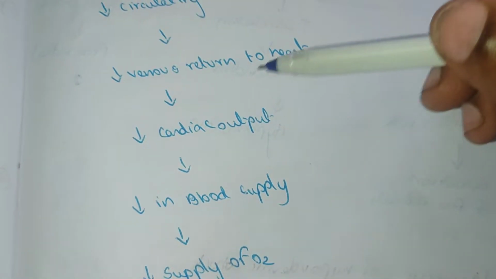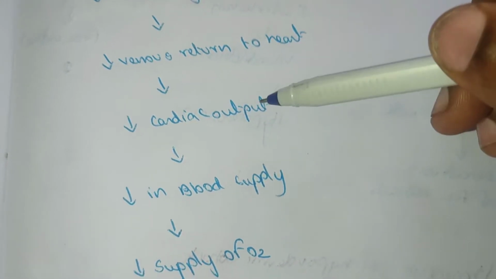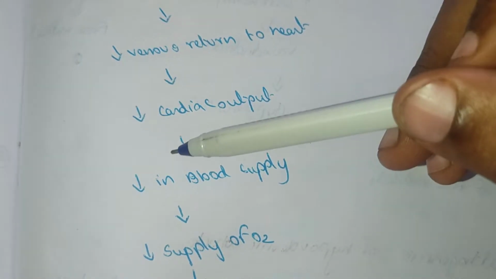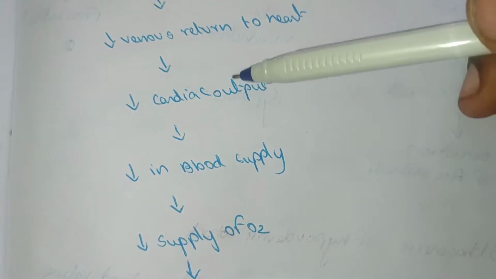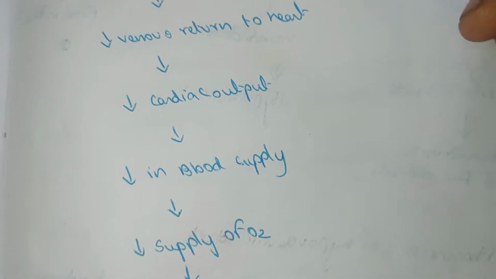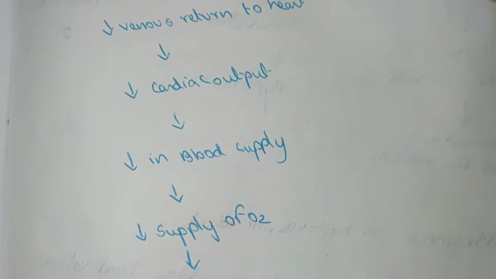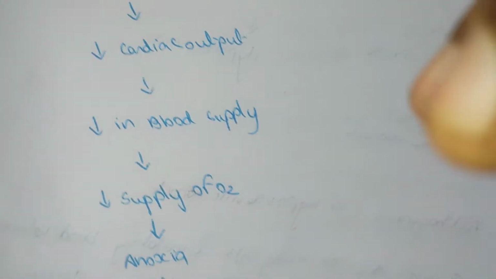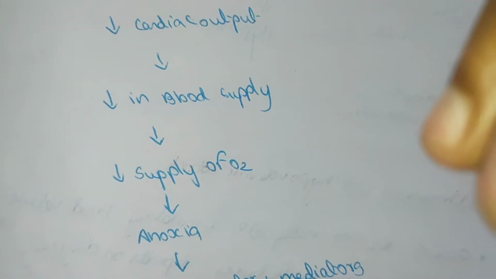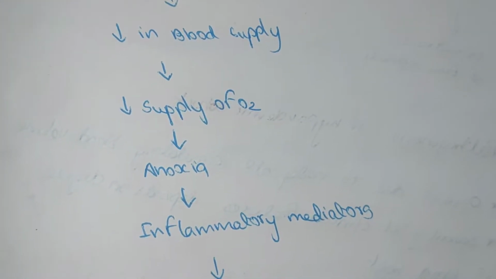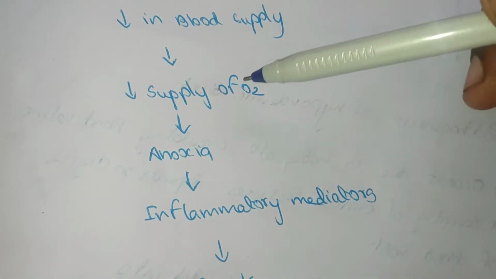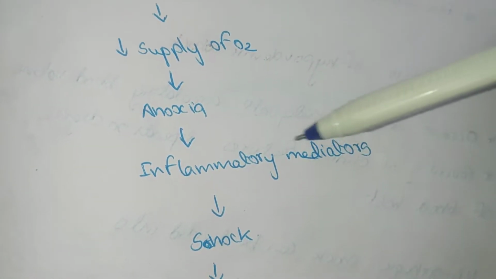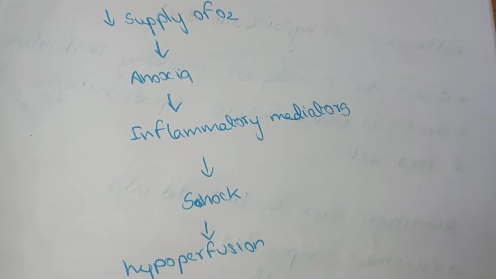So the cardiac output is also decreased, and this causes a decrease in blood supply to the organs. The oxygen supply to the organs is also decreased, and this causes anoxia and inflammatory mediator release, and this causes shock.